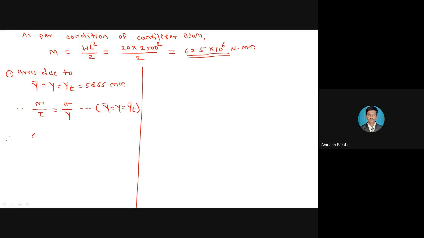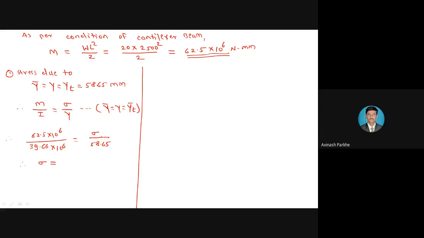So M is 62.5 into 10 raised to 6, divided by moment of inertia 39.66 into 10 raised to 6. Sigma we have to calculate, y or yt is 58.65. Therefore, sigma is equal to, what is the value of sigma?